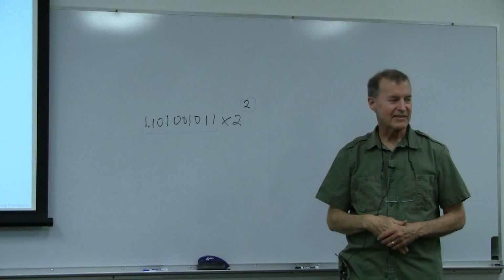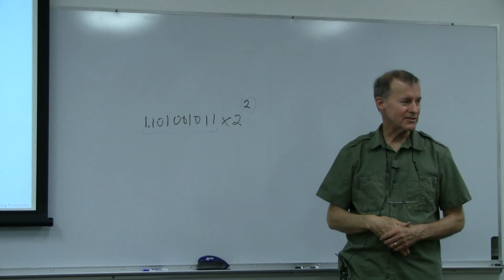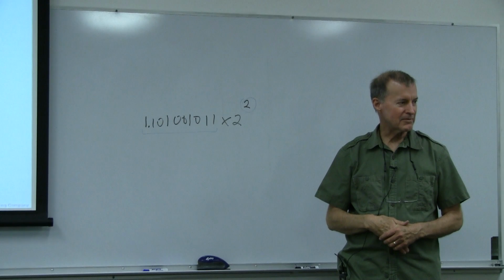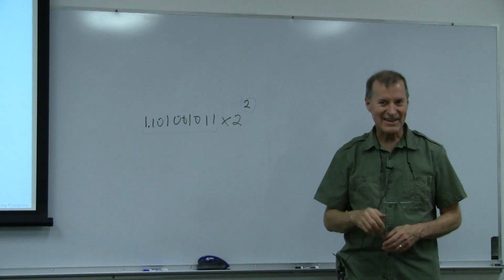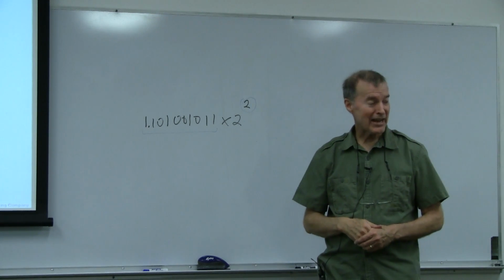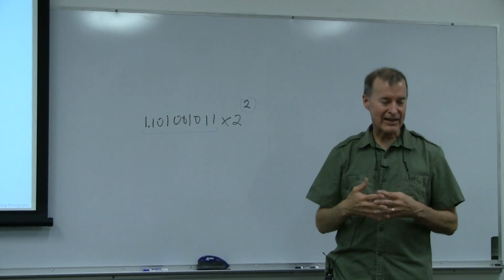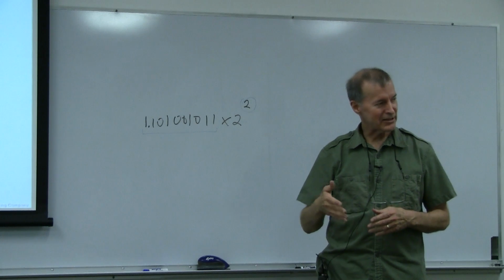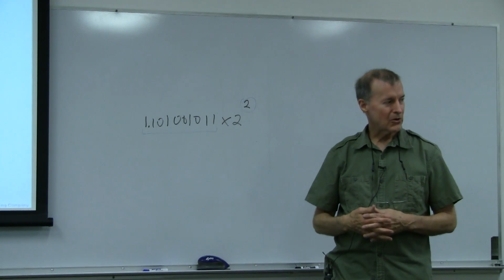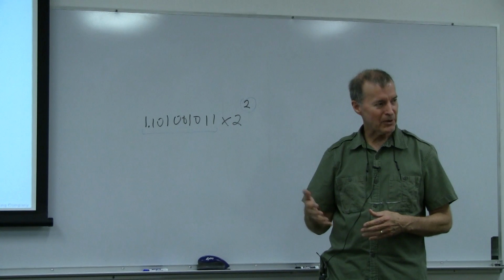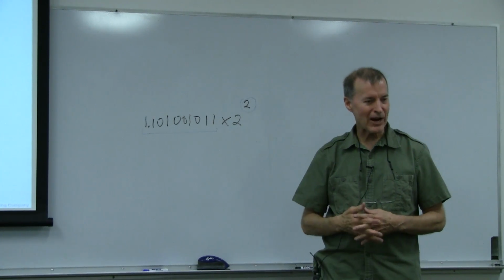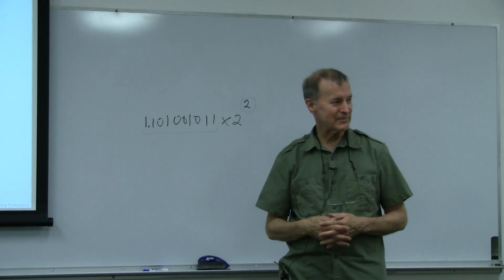You would think on first blush that that's how you would do it. But that's not how it's done. I can't explain it right now, but we'll explain it in a few more minutes. We will see why it's not done that way, and there's a good practical reason for why it's not done that way.